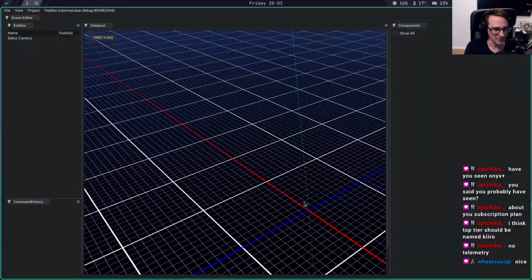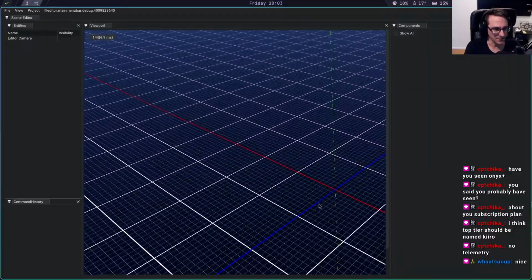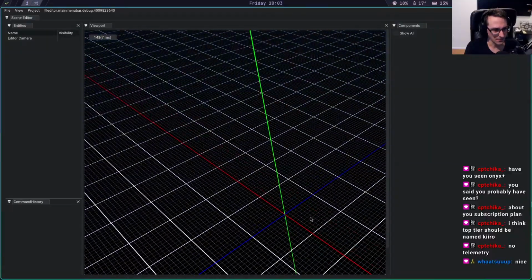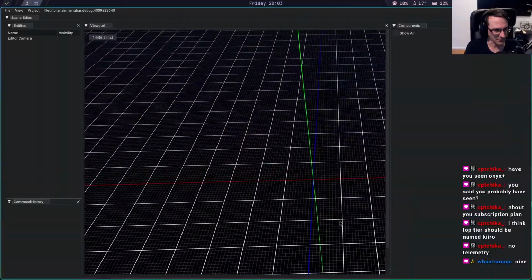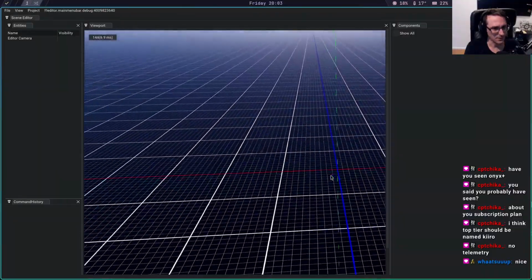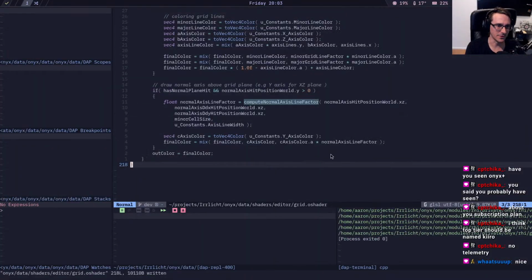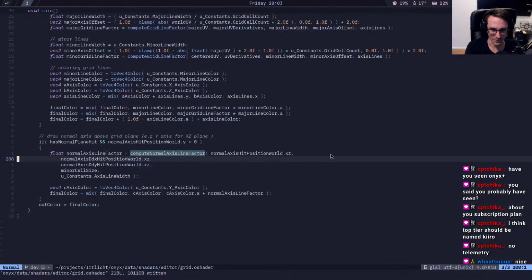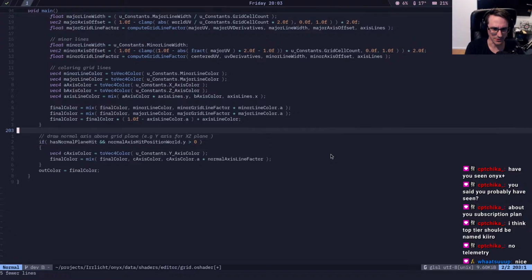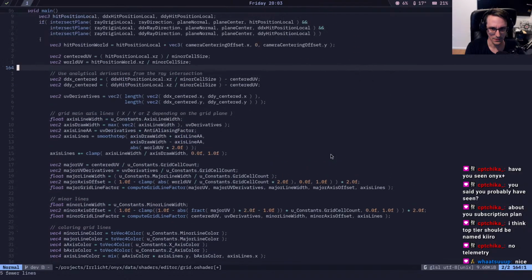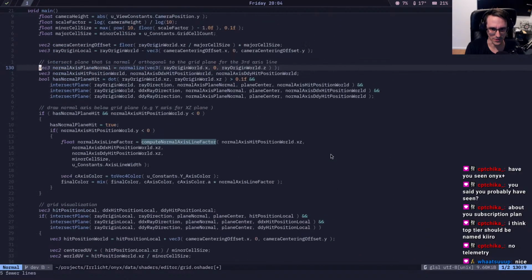So is it blurry? No, but it doesn't scale very well. Or it doesn't scale at all, I would say. Yeah, so that was not it. That was not good enough. Actually, I think what we can do is calculate that only once, right? Don't need to do that 2 times.